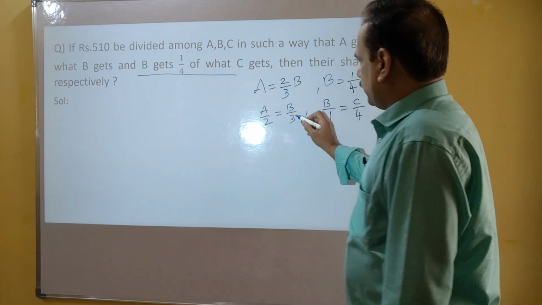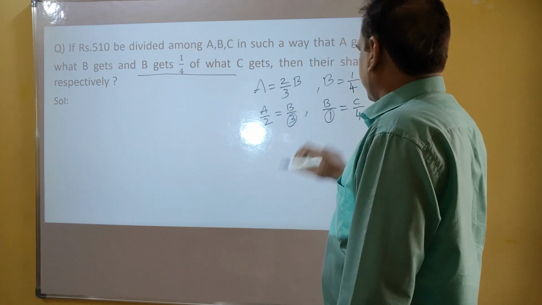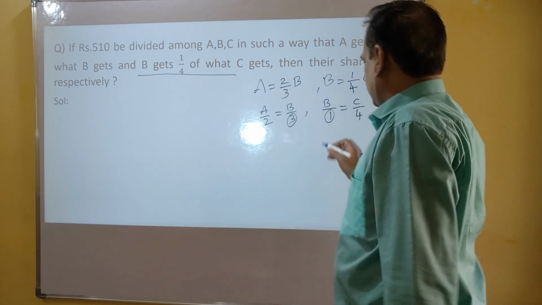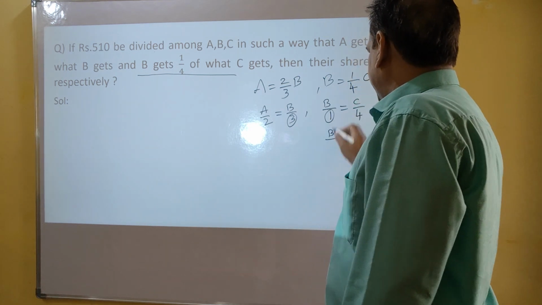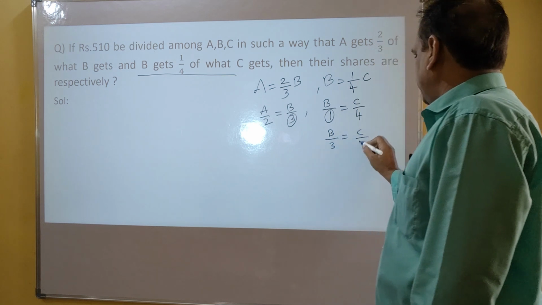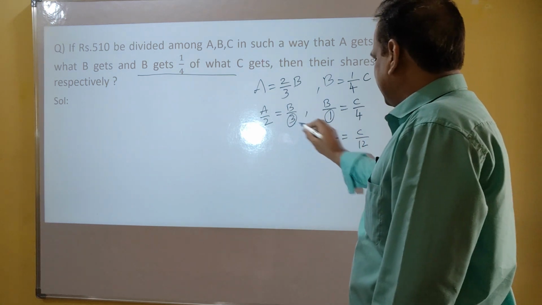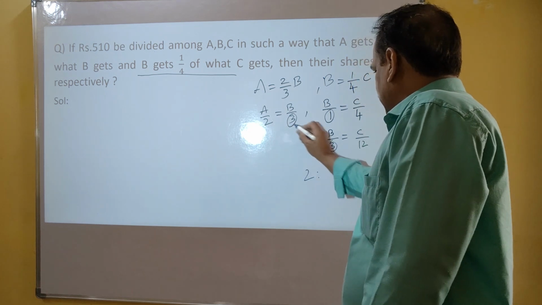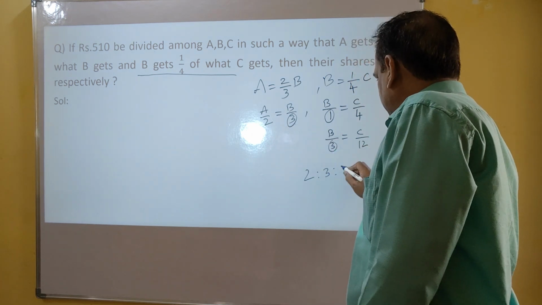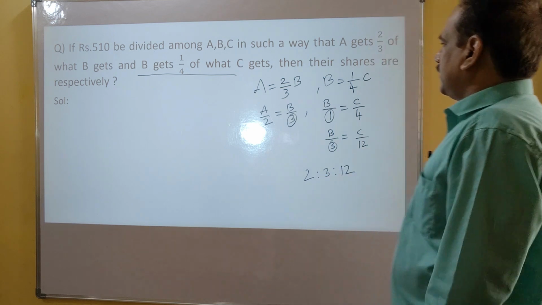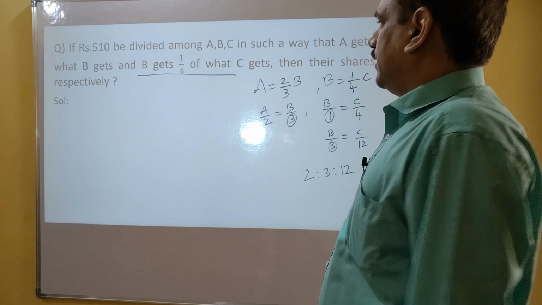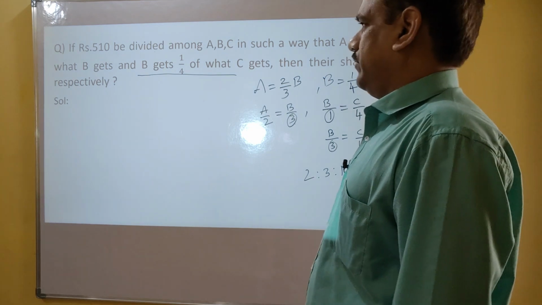So our objective is to make these two quantities equal. So multiply the second one by 3 in the denominator. Then it is B by 3 equals C by 12. Now these two quantities are the same. Therefore the ratio becomes 2:3:12. So this is the ratio in which they have to share any amount received.